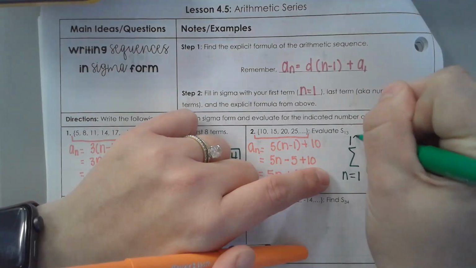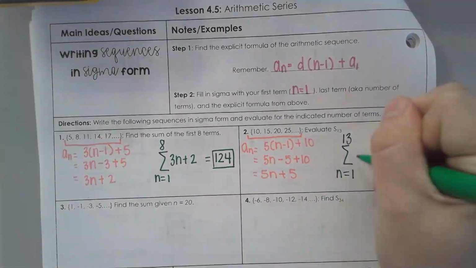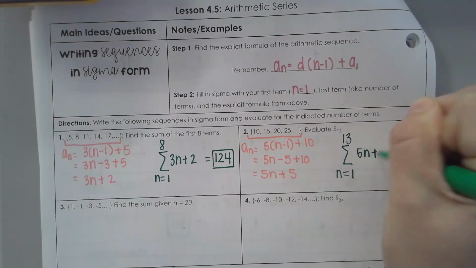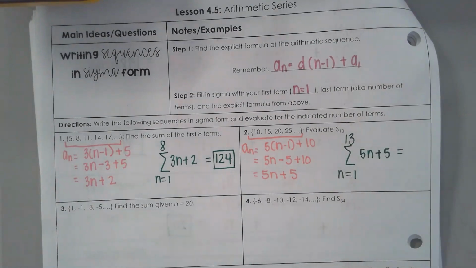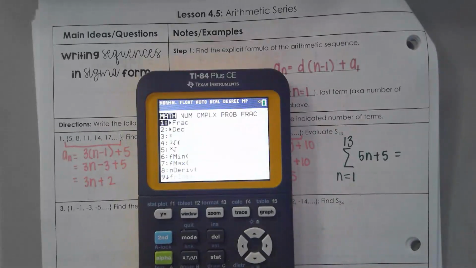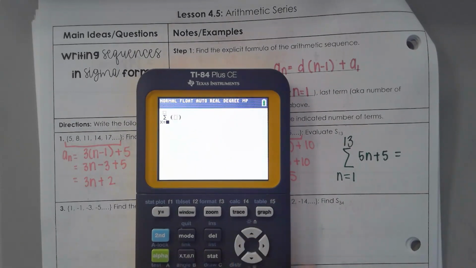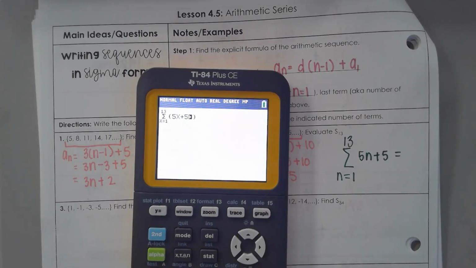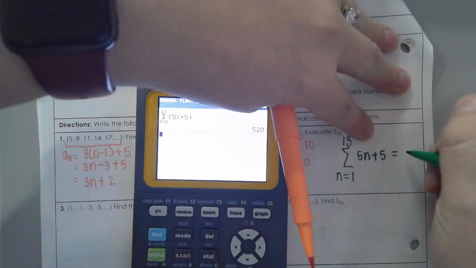So I'm going to put a 13 at the top and 5n plus 5. And you get 520.